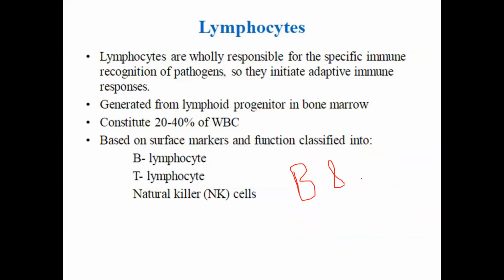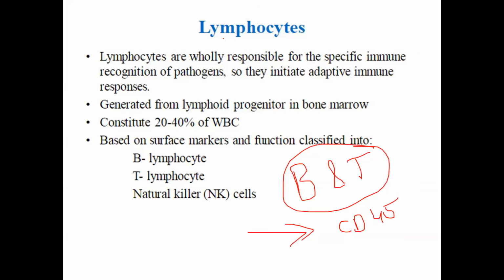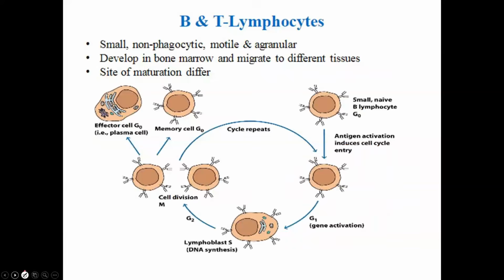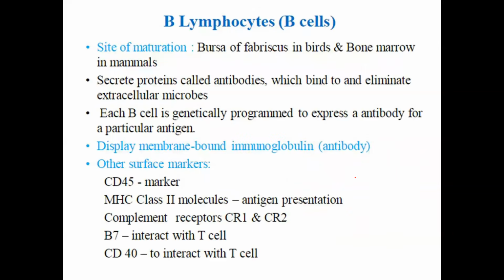Every student answer my question. Among the B and T lymphocytes, which is the most common surface marker? What is the most common surface marker that is involved in the signal transduction process? We have studied. What is that, friends? CD47, not to get confused with that particular point. And friends, later we all started studying different types of surface markers.